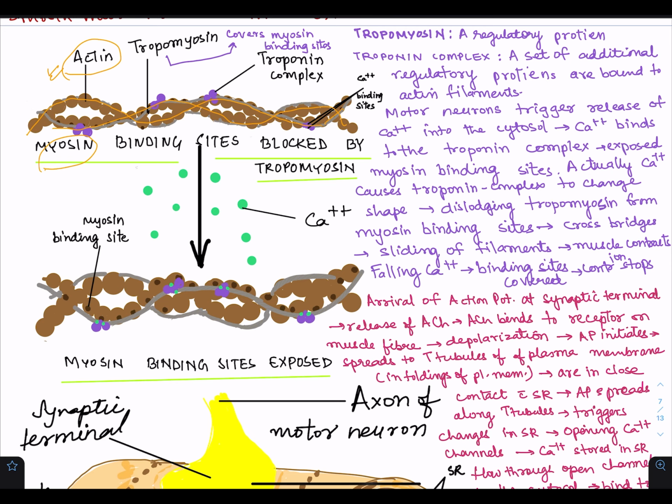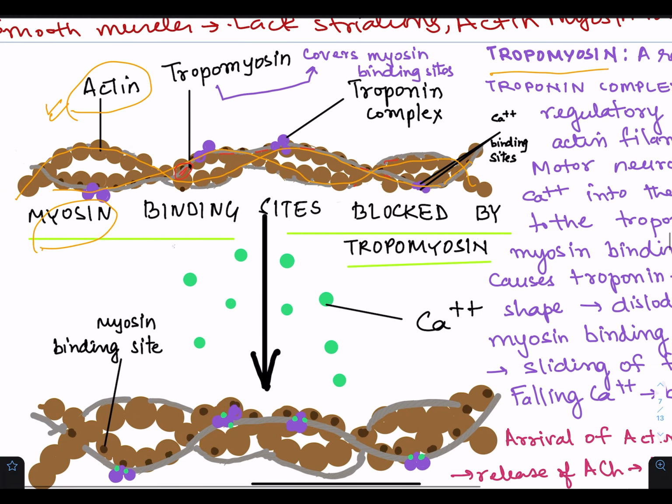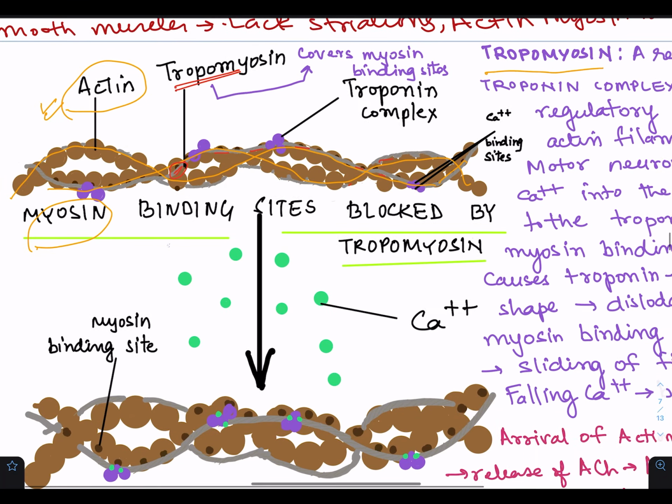Now tropomyosin. In this diagram, if we enlarge this picture, you can appreciate this gray colored filament growing here. This whole gray colored filament is tropomyosin.